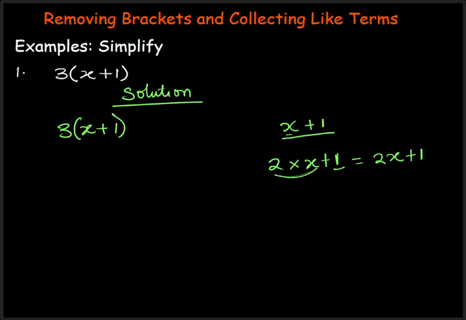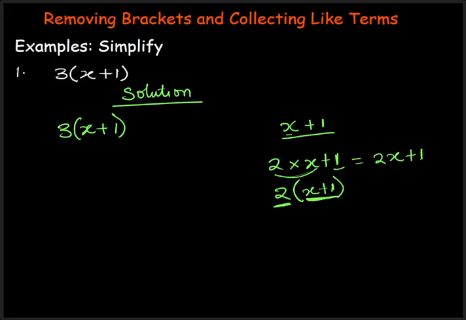But if I am to multiply x and 1, the correct thing to do is to say 2 bracket x plus 1. What is the job of this bracket? This bracket makes sure that anything that is beside the bracket is going to multiply everything inside the bracket.